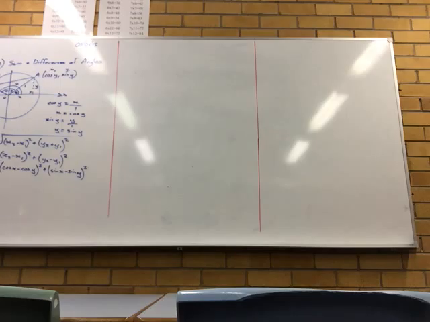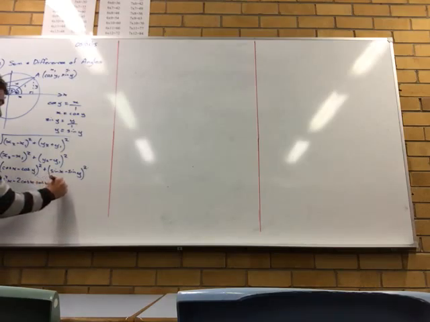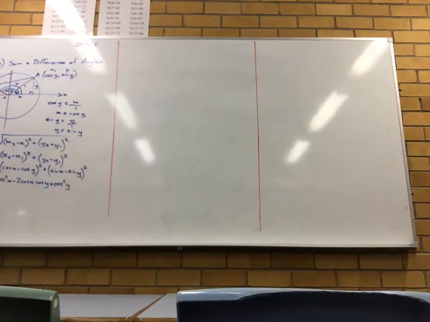Alright, so let's expand this. You've got the perfect square. So you've got cos squared x, take away 2 cos x cos y, plus cos squared y when you expand the first bracket.